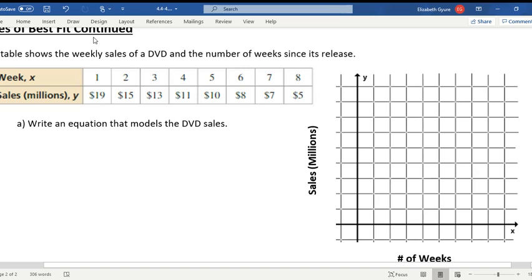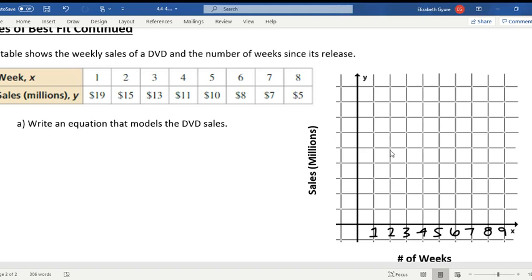Okay, so look at the weeks. I have to go up to 8, right? Will that fit if I go by ones? Yeah, so let's just count that by 1. So this is 1, 2, 3, 4, 5, 6, 7, 8, 9. So I just labeled the bottom. And then what's the highest number on the y part? 19. Will that work if I count by ones?